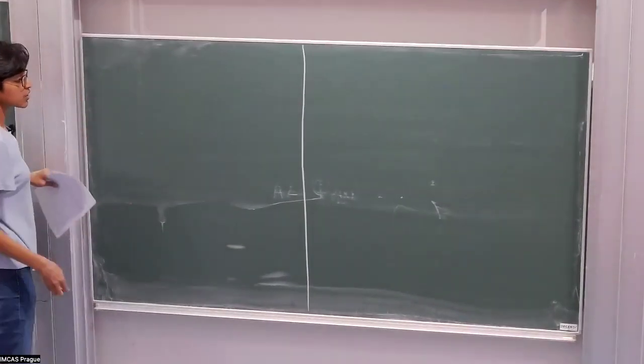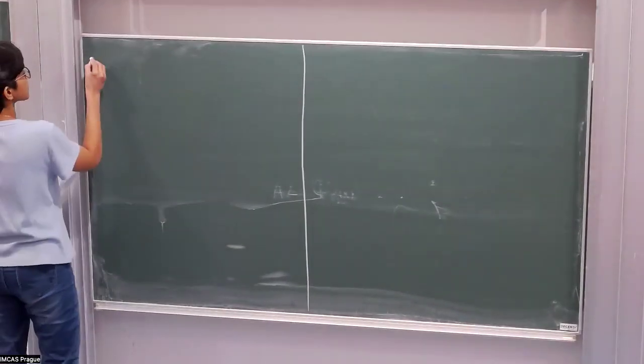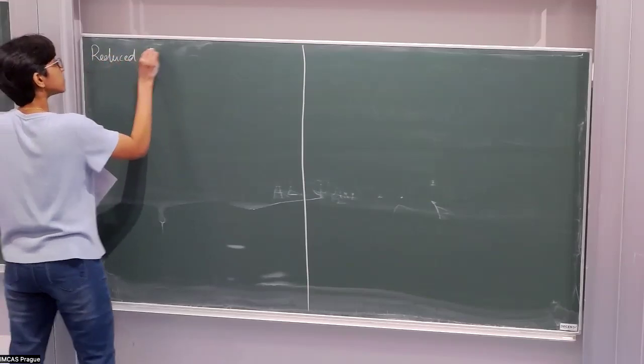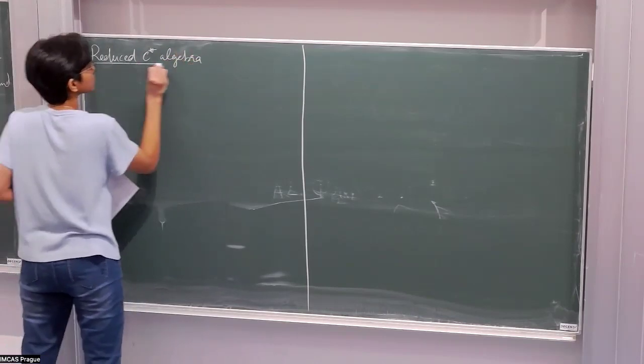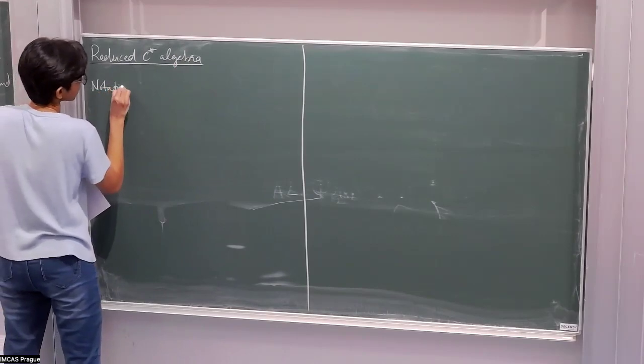Now we would like to introduce the other C star algebra, which is the reduced C star algebra. For that, we have a small notation.